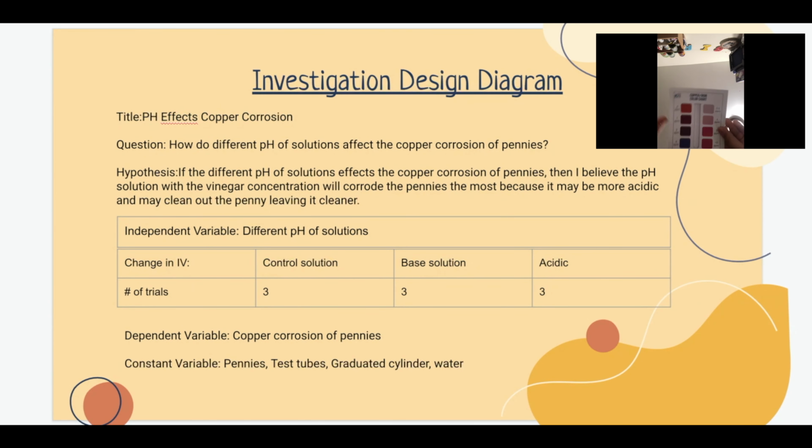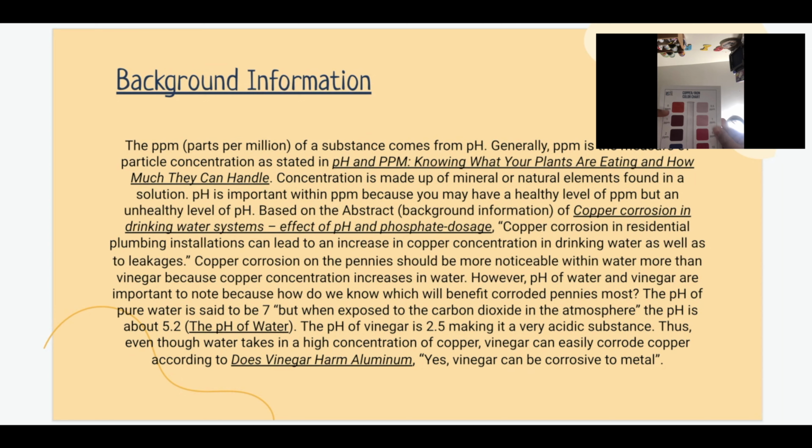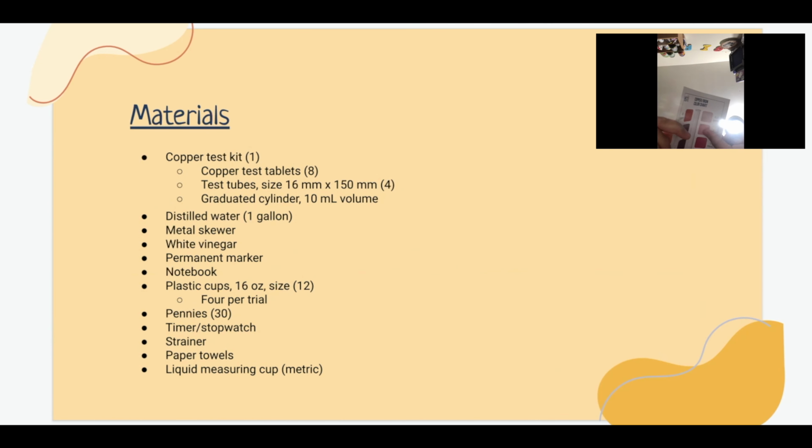So as you can see, the copper is 0 ppm, and as we said, that was the water color. It was orange and reddish, so it represents 0 ppm. And then for the vinegar, it was 0.5 ppm because of the color, so it was more focusing on iron.